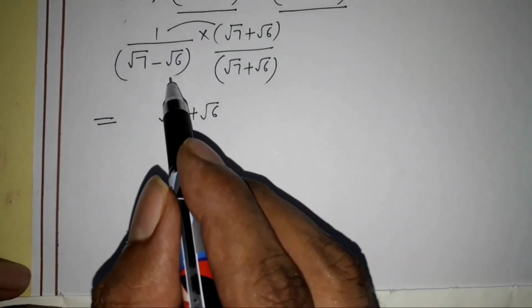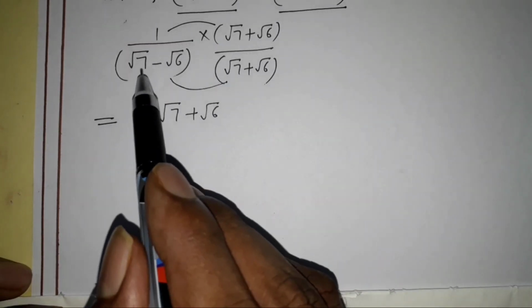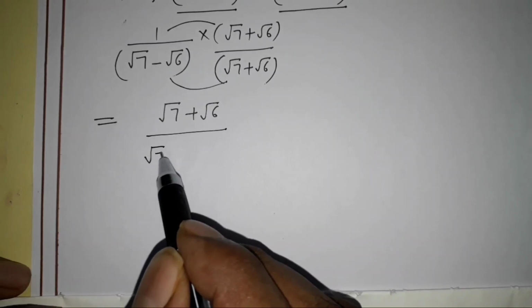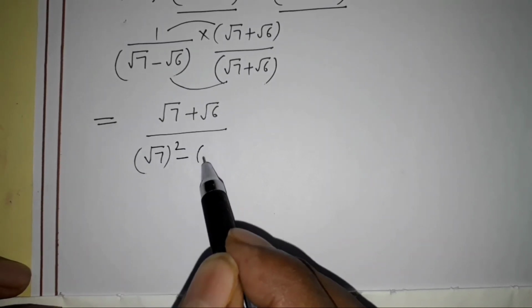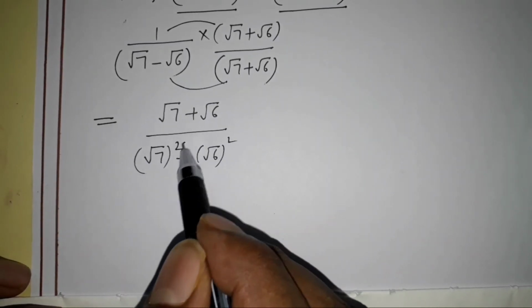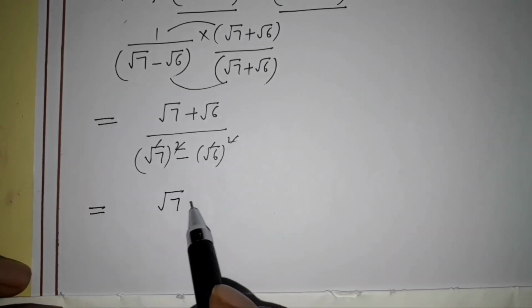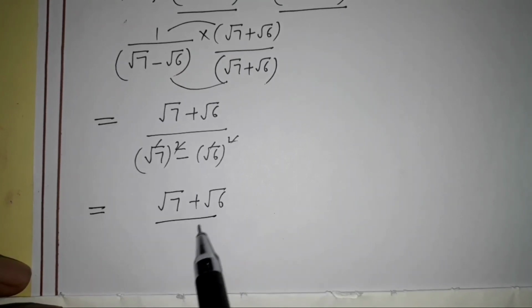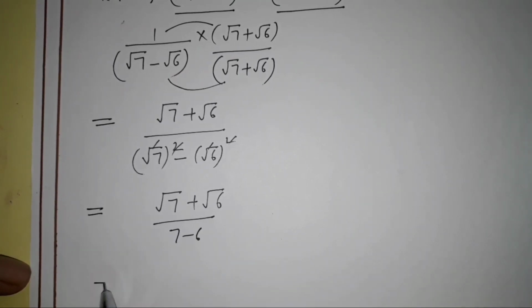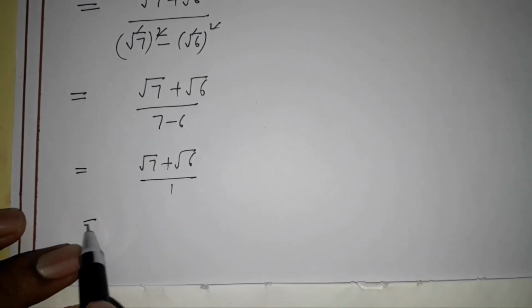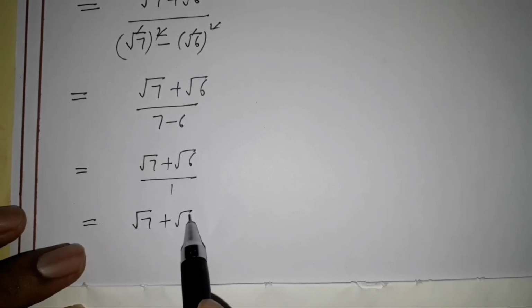Next, if you multiply these two, a minus b into a plus b, nothing but a square minus b square, root 7 square minus root 6 square. The roots get cancelled with the squares. So it is root 7 plus root 6 by 7 minus 6, which is nothing but root 7 plus root 6 by 1, that equals root 7 plus root 6.